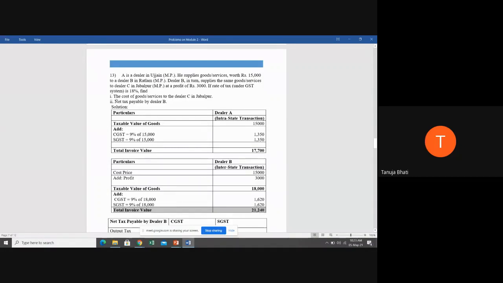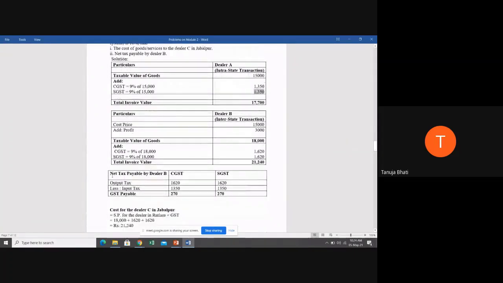Now, what are they asking us? Net tax payable by dealer B. So what is the tax payable by dealer B to the government, students? Remember, the output tax for dealer B is charging on its sale is 1620 and the input tax is 1350. So input tax is always given as credit.